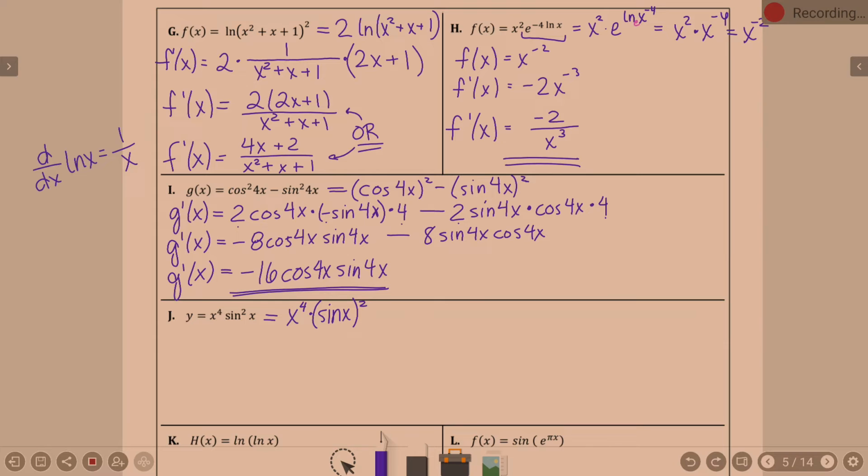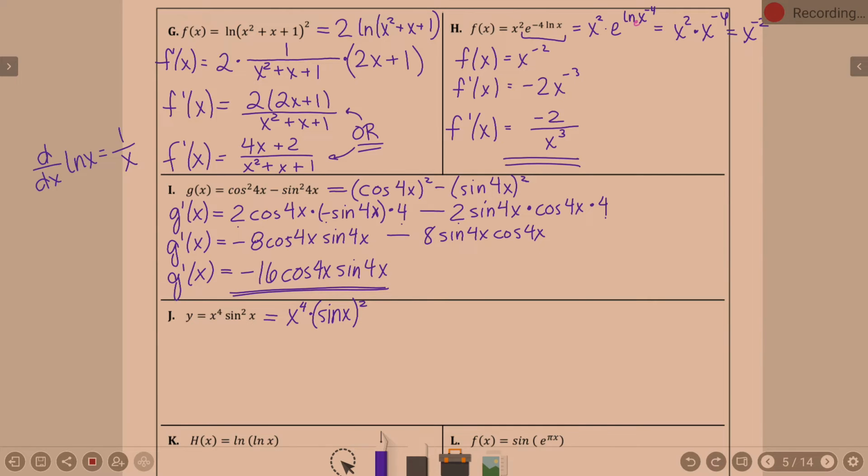I just rewrote it as x to the 4th times sine x to the 2nd. What do we have to do here? Now we do have to do the product rule, right? I thought we were going to get the product rule up here on H, but we were able to do some simplification. Here we've got an x to the 4th and a sine squared x. There's no simplifying. So, product rule.